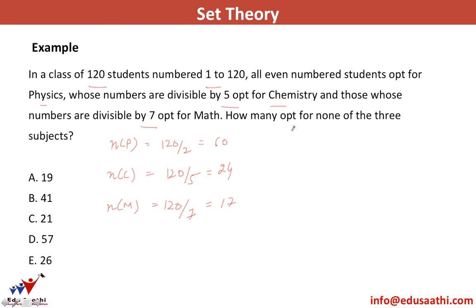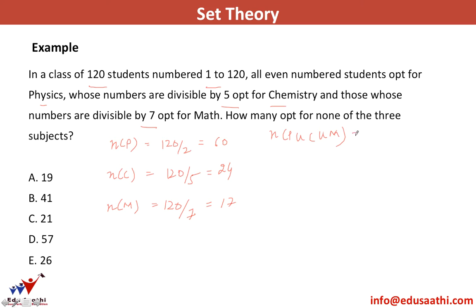How many opt for none of these three subjects? The first thing we'll do here is find n of p union c union m. This gives me the number of students who've opted for at least one of the subjects, one or more.